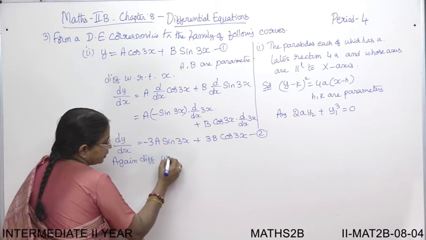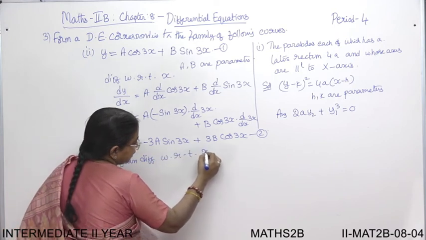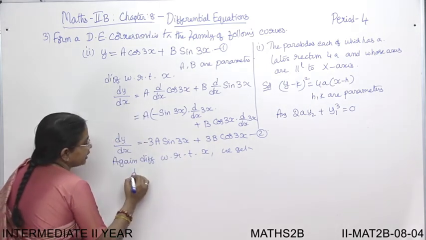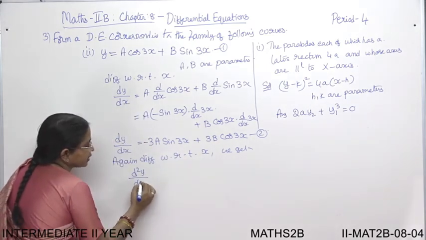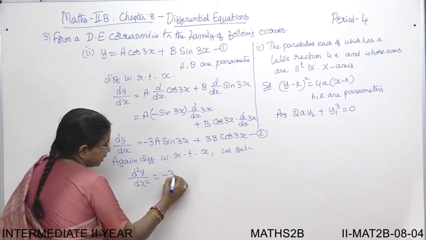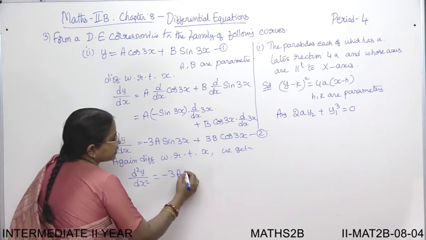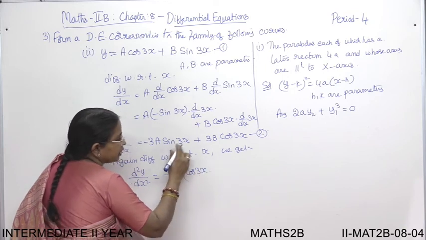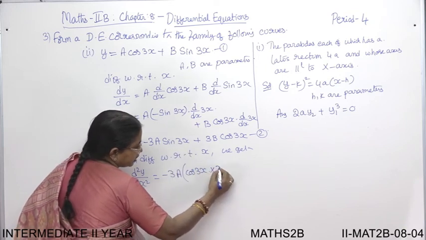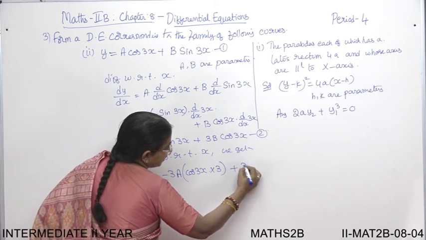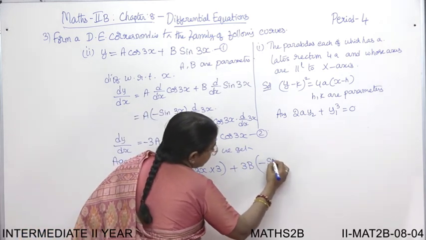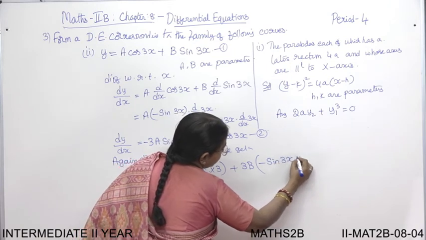So again differentiating with respect to x, we get derivative of dy by dx is d square y by dx square is equal to minus 3a into derivative of sin 3x. Derivative of sin 3x is cos 3x into derivative of 3x. So cos 3x into 3 plus 3b into derivative of cos 3x, that is minus sin 3x into 3.